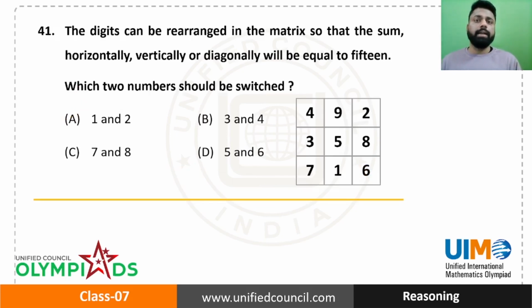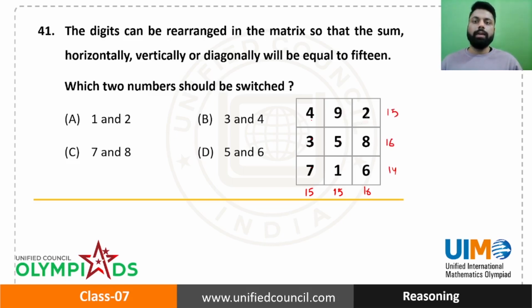The digits are rearranged in the matrix so that the sum of horizontally, vertically, or diagonally will be equal to 15. Which two numbers should be switched? 4 plus 3, 7 plus 8, 15. 14, this is 15. 6 to 8, this is 16. This is 14. 13, this is 16. 13 and 2, 15.